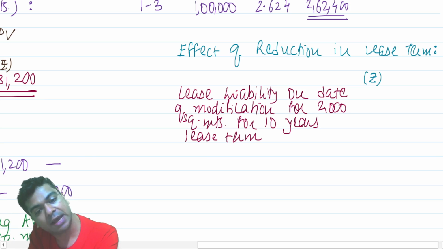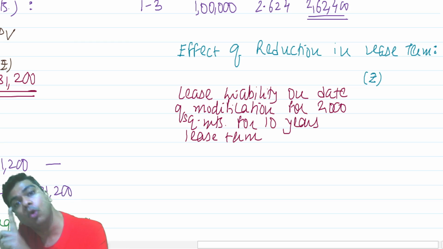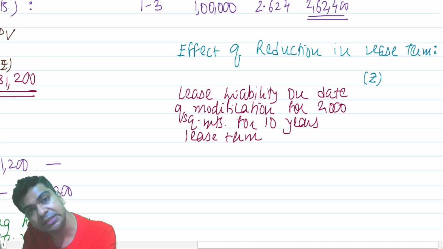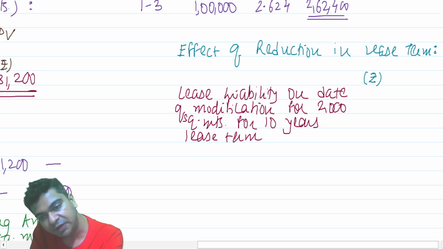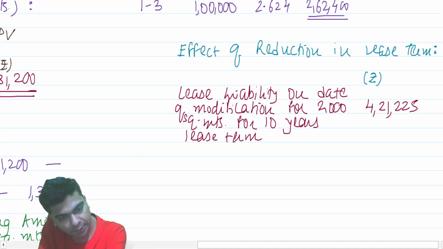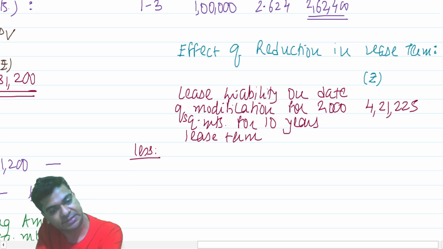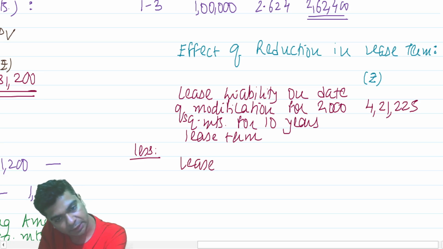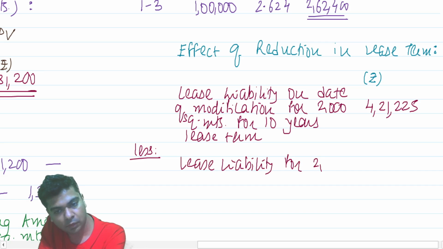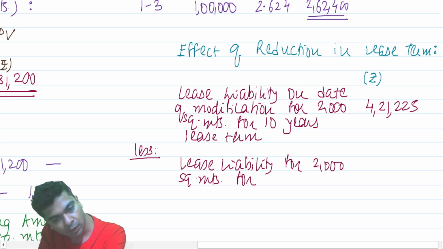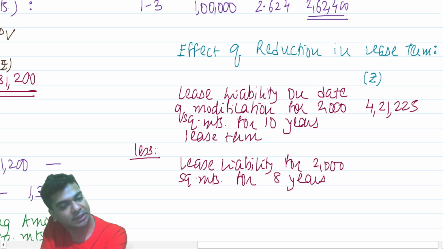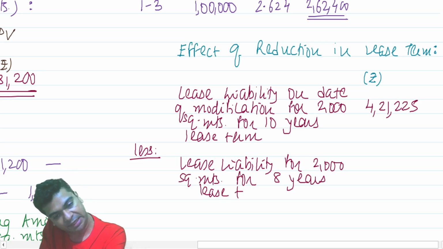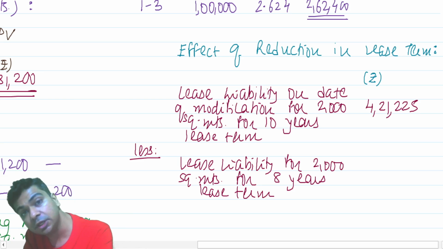Now, what is the lease liability on the date of modification for the original 2000 for the original lease term of 10 years? We know it is 4,21,225. Less, we say lease liability for 2,000 square meters for 8 years lease term. If the lease term is 8 years, then how much it should be?